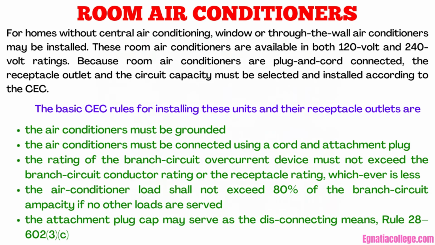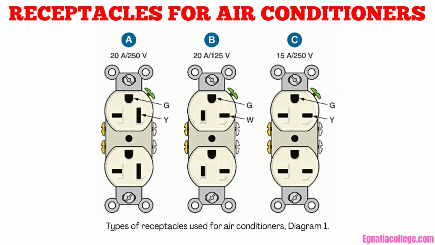Receptacles for air conditioners. This figure shows three types of receptacles that can be used for air conditioning installations. A. Shows a 20 ampere, 250-volt receptacle for use on a 240-volt installation.